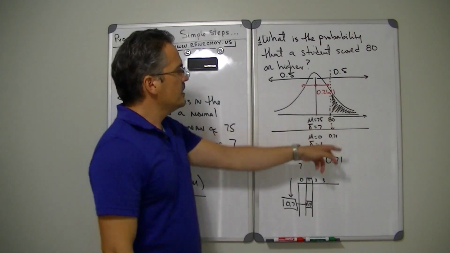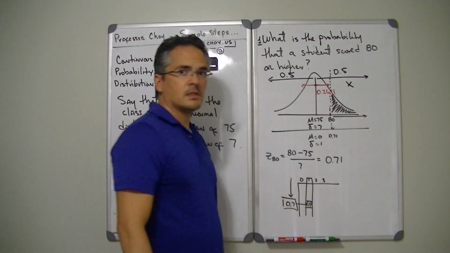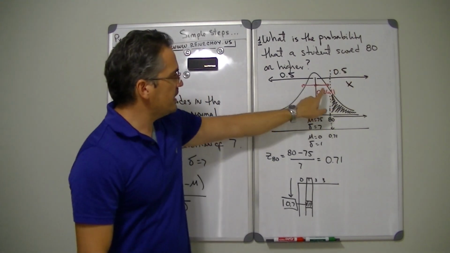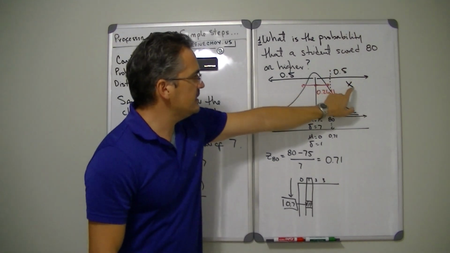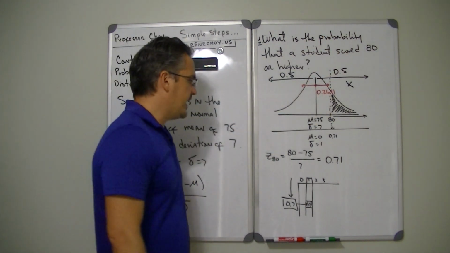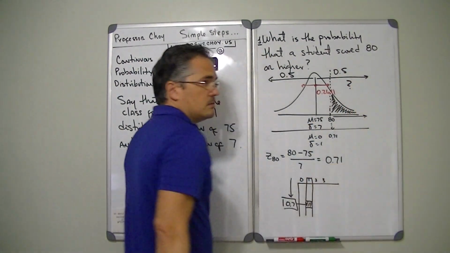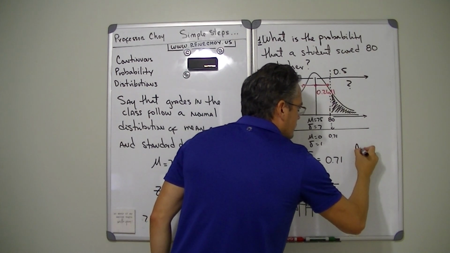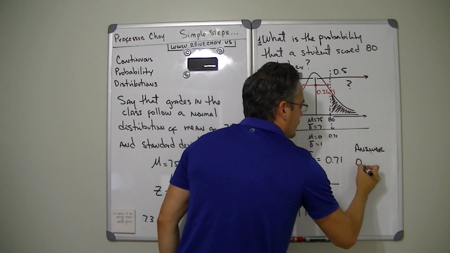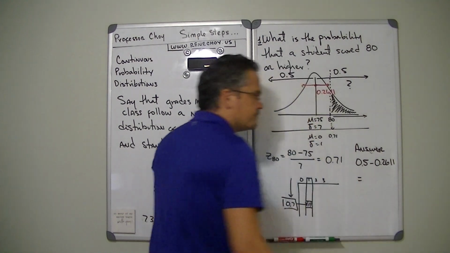Now in this question, they're asking us for this portion here. So I'm going to call this portion x. But look, I know the answer all the way to the end here. I know the answer to that little section. So I can find this x by basically doing 0.5 minus that number. So the answer to x, in this case, the answer to my question, is 0.5 minus 0.2611.